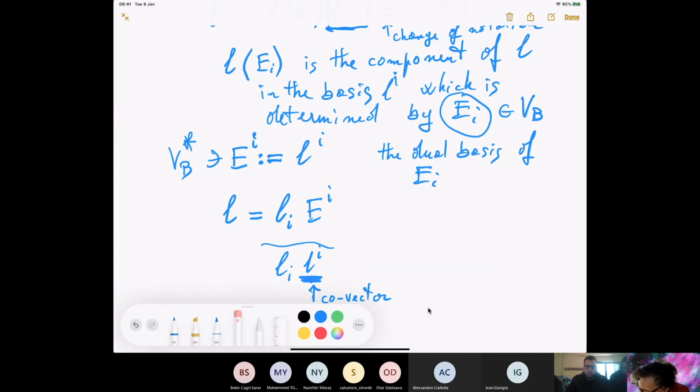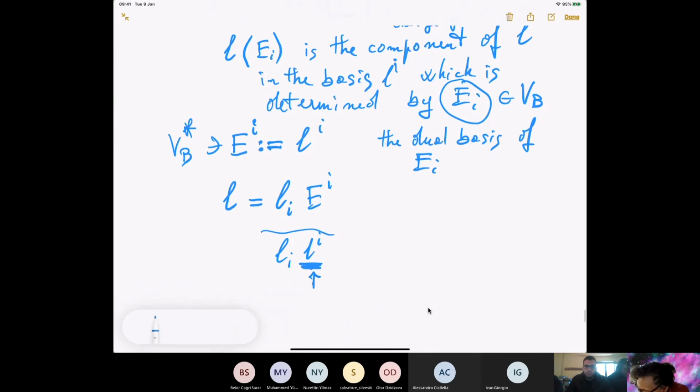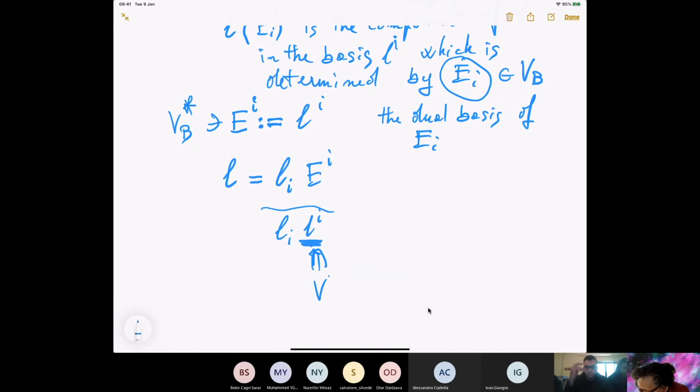Sorry, I should not say yet covector. This is an element of V star B. And this is a real number. This is rather confusing. So I think it is useful to change the notation exactly in this moment.